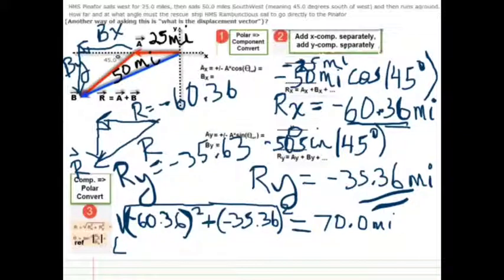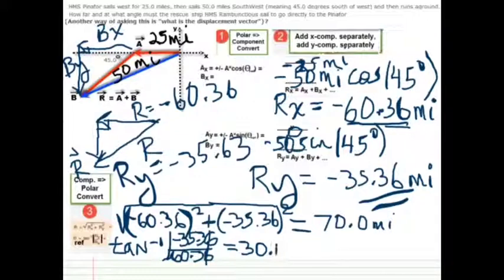The angle whose tangent is the absolute value of 35.36 divided by 60.36 gives us an angle of 30.4 degrees.